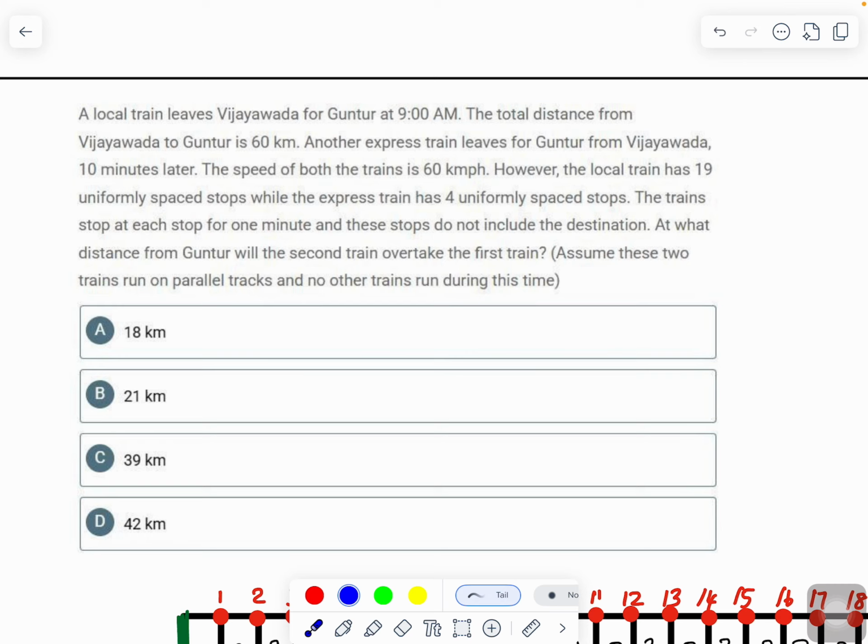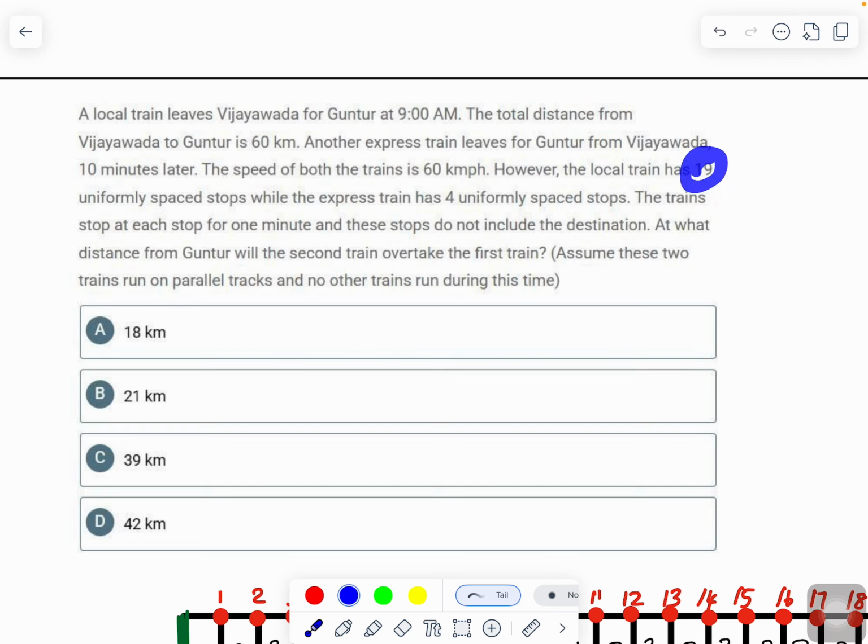However, the local train has 19 uniformly spaced stops, while the express train has 4 uniformly spaced stops. The trains stop at each stop for 1 minute exactly. So what is the time taken for each of the trains to travel 1 kilometer? That is 1 minute.